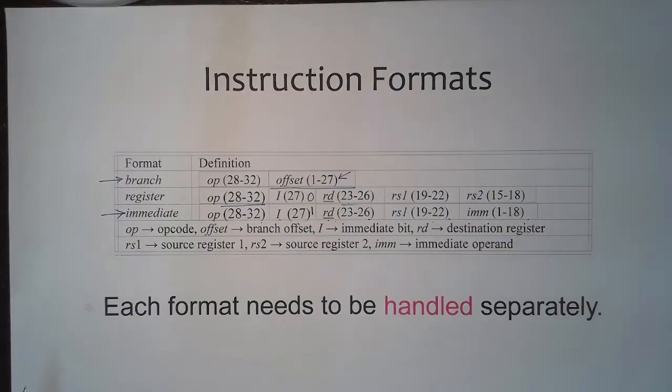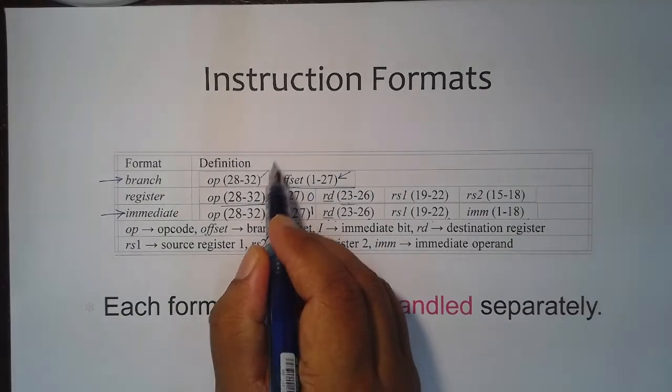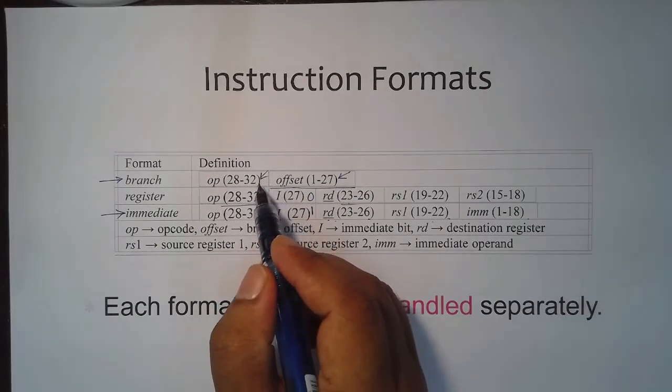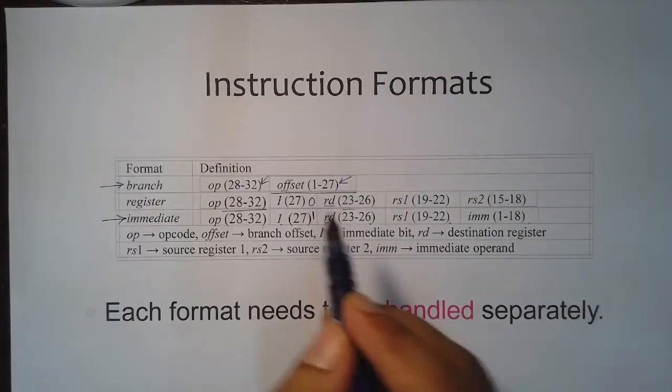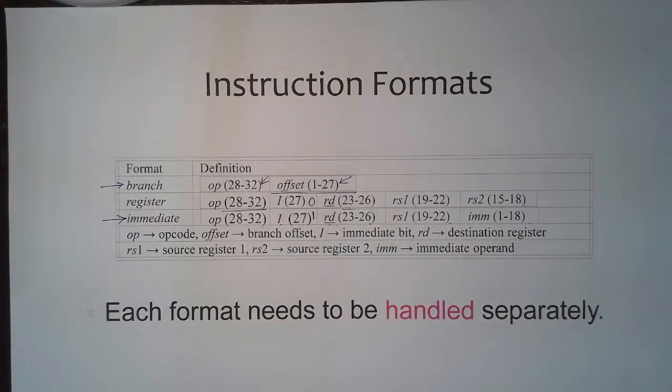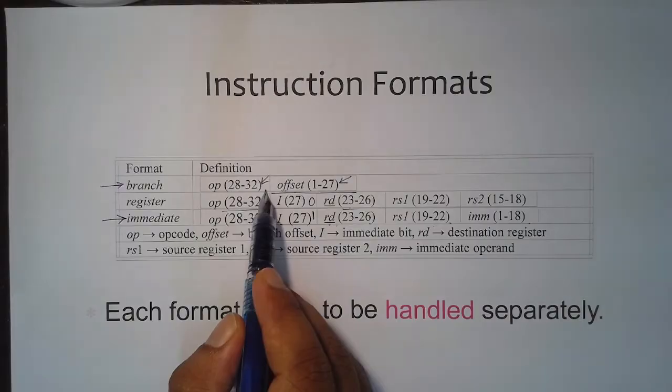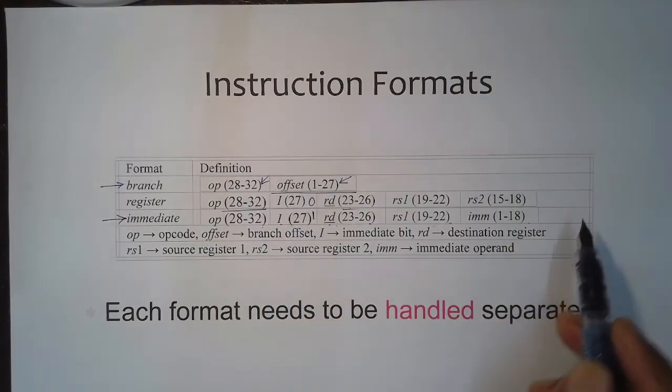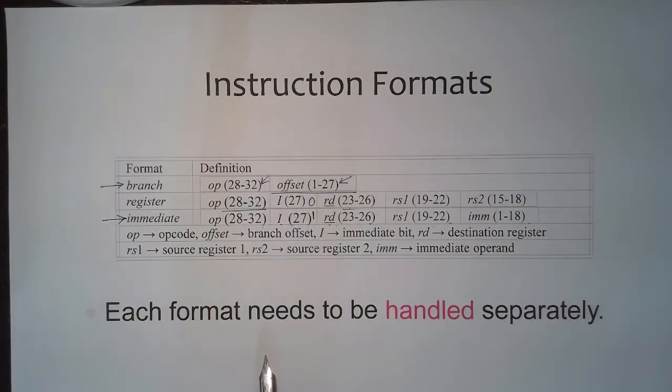one thing you can do is first figure out what this opcode says, and accordingly do some steps. Like if I know that it is a branch instruction, then I know that these are offset values, and only then I'll activate the unit which will calculate the PC plus offset.